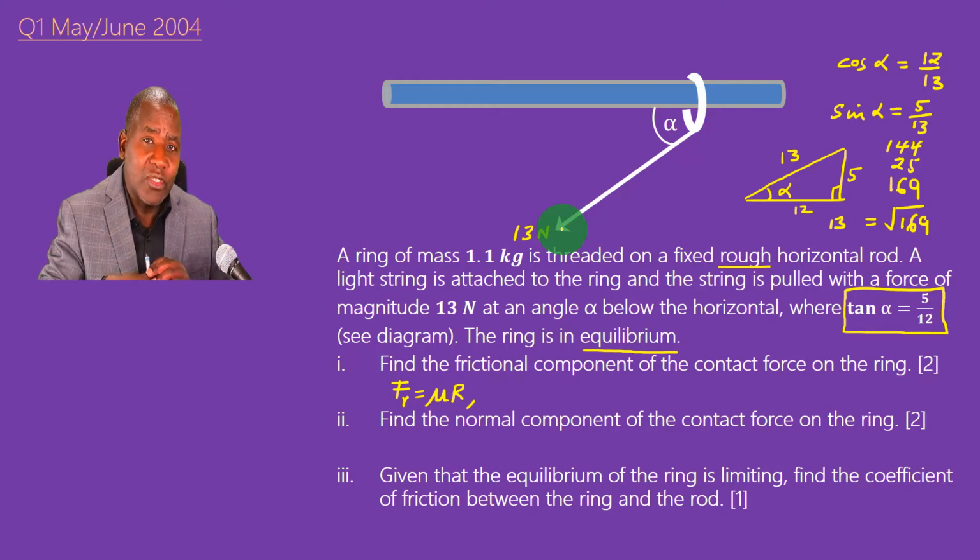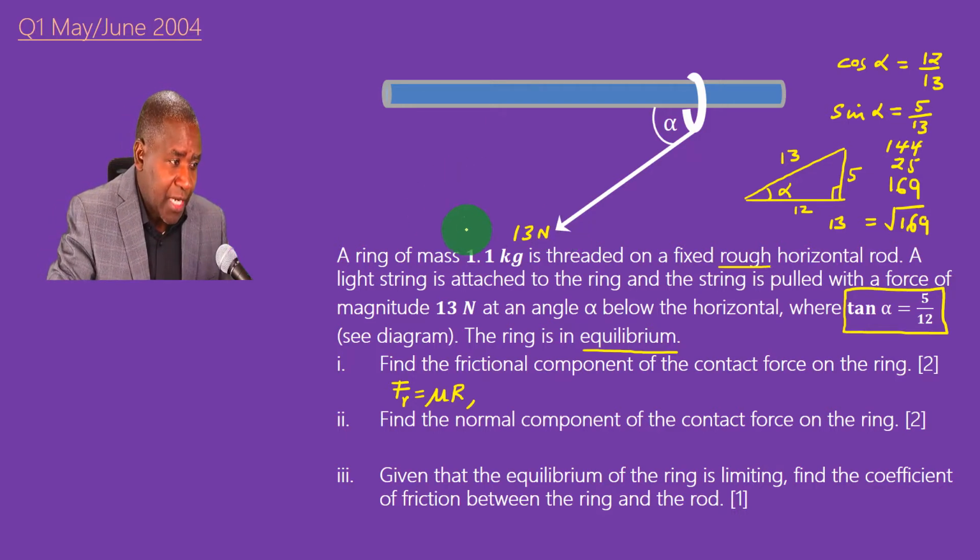It's best to resolve horizontally and vertically. So I'm going to resolve this so that it points vertically downwards like this. I'm going to get the component of this downwards. I also get the component of this horizontally like this.